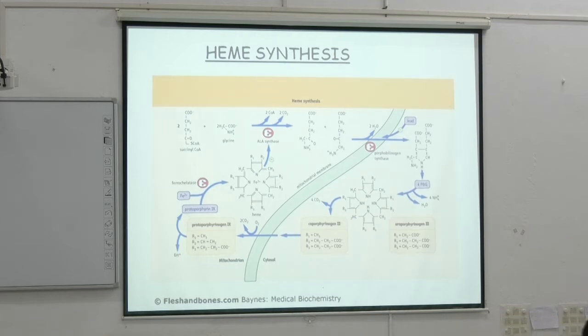Then you will find uroporphyrinogen III oxidase to form uroporphyrinogen. After that, uroporphyrinogen will be acted on by coproporphyrinogen oxidase to form protoporphyrinogen IX.